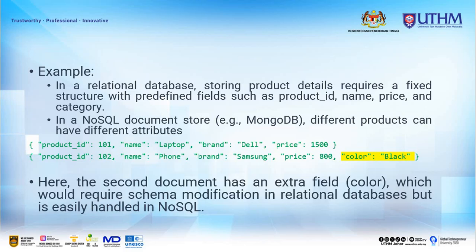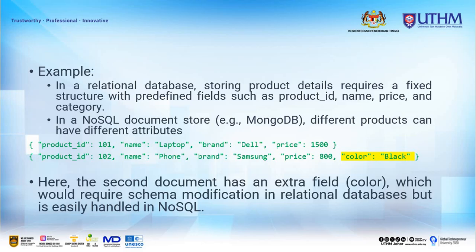Okay, you can see here. Example: in a relational database, storing product details requires a fixed structure with predefined fields such as product ID, name, price, and category. In a NoSQL document store, for example in MongoDB, different products can have different attributes. For example, product ID, name, brand, and price.